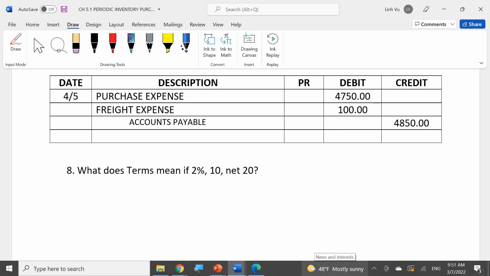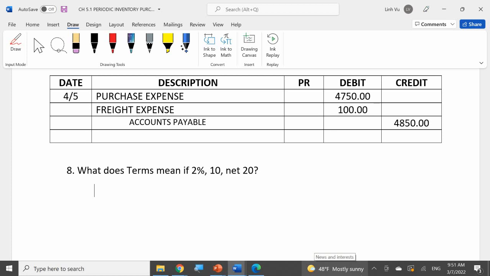For any reason you purchase or sell items are incentives. That's what the definition of terms mean. But my question is, if I gave you a terms of 2% 10 net 20, go ahead. If you pay within 10 days, you get 2% off.